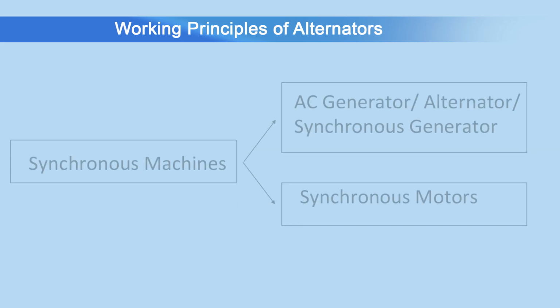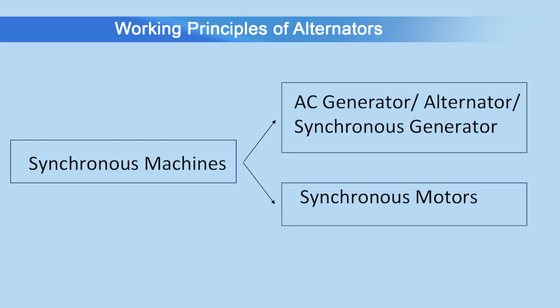So, basically we are having one machine known as synchronous machine. If we are feeding mechanical power to it, it is working as alternator. You may call it AC generator or synchronous generator. We are simply rotating the shaft of that machine at synchronous speed, at fixed speed.